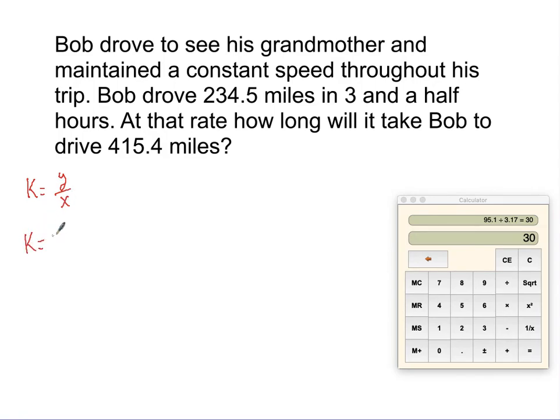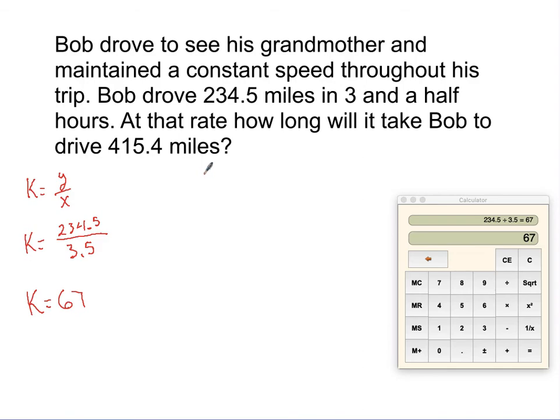So K equals 234.5 over the time, which is 3.5. 234.5 divided by 3.5 equals 67. So my K value is 67. That means Bob is traveling at a constant speed of 67 miles per hour.